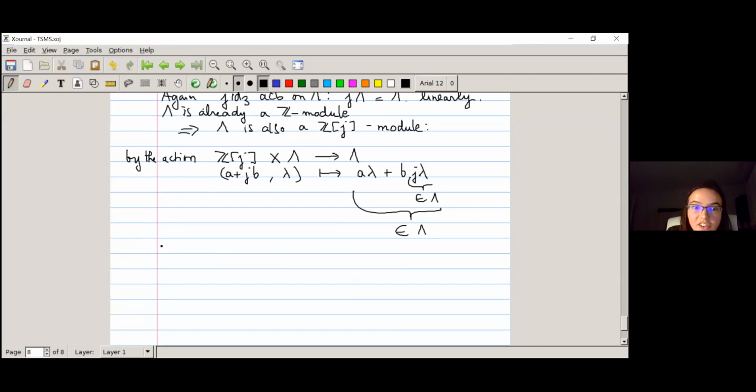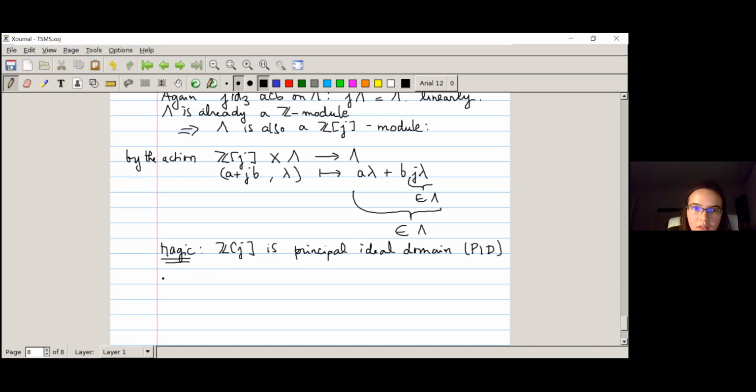And now the magic is that Z[j] is a principal ideal domain. Some people write it PID. And why is this magic?